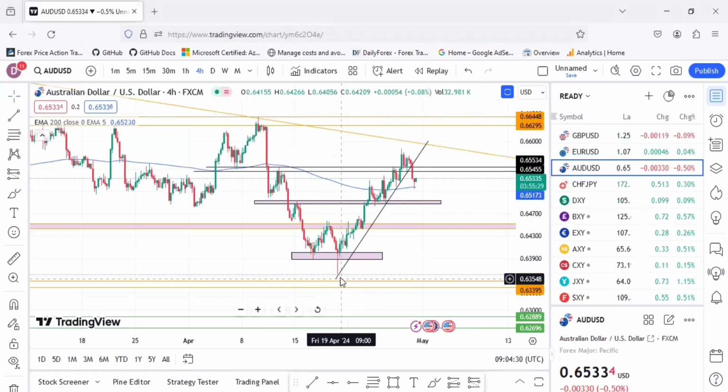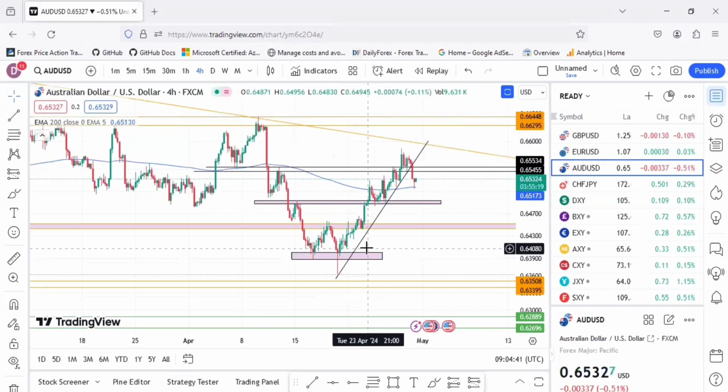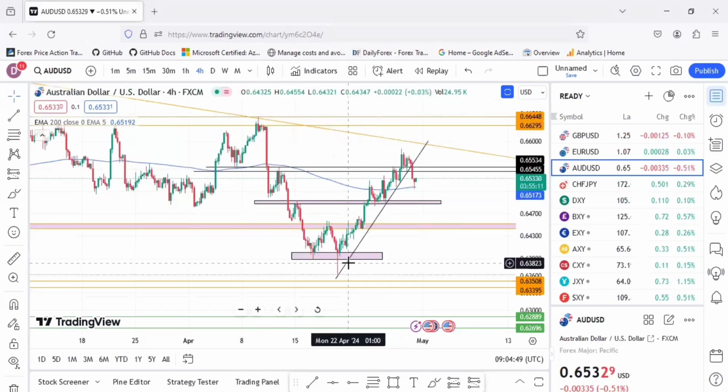But by the time I woke up, the price had come back sharply to this point here. So I was just waiting whether this price would go down again. But unfortunately, it ended up closing with this long tail as a pin bar.